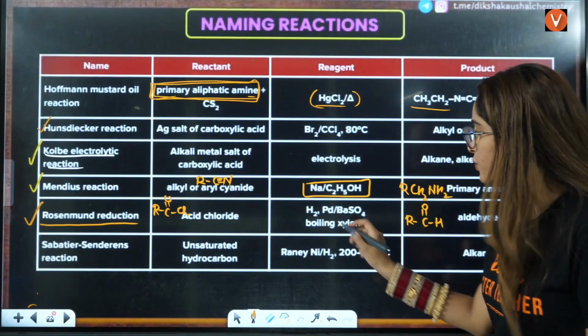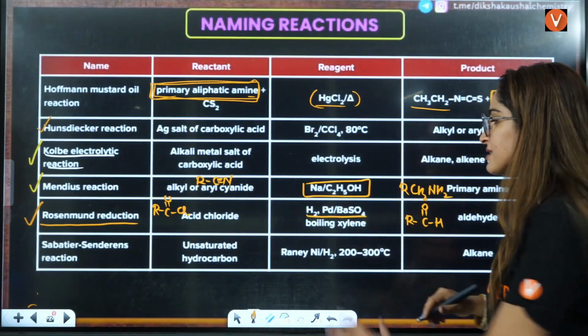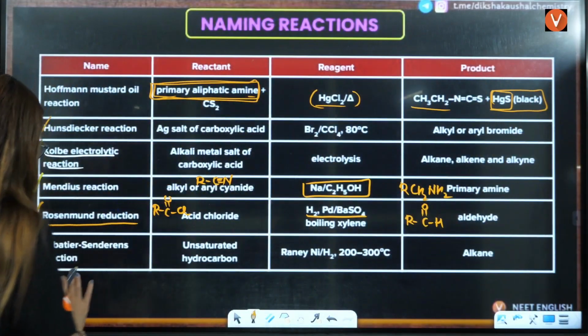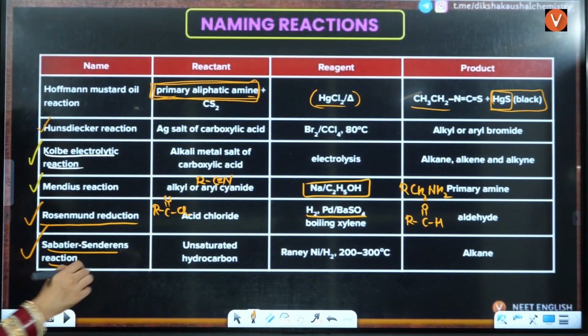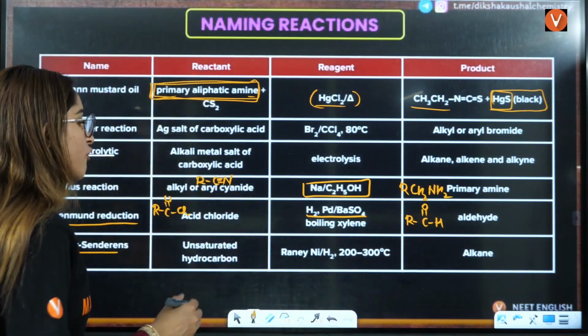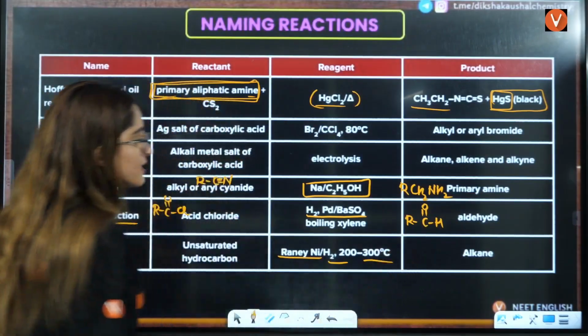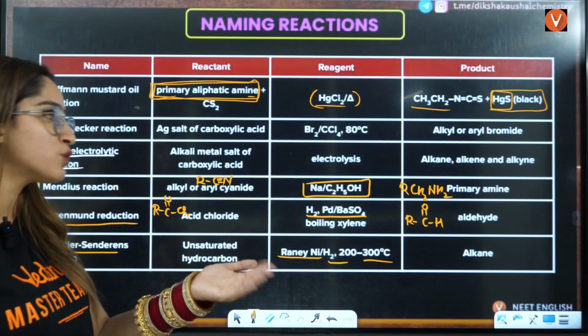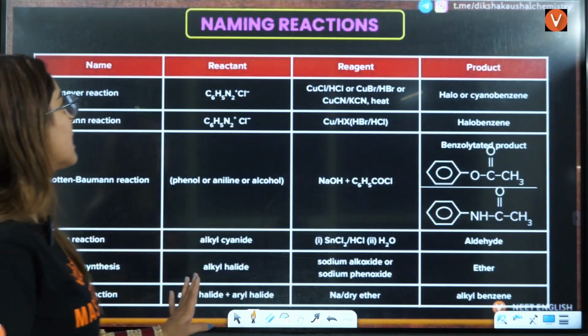So here what you are using, again, Lindlar's catalyst, that is H2, Pd-BaSO4, right? Next is Sabatier-Senderens reaction. This is when you have triple bond, but you directly convert it into alkane in presence of nickel as the catalyst. If you have alkene, then you will use 200 degrees Celsius. For alkyne, you will use 300 degrees Celsius, right?